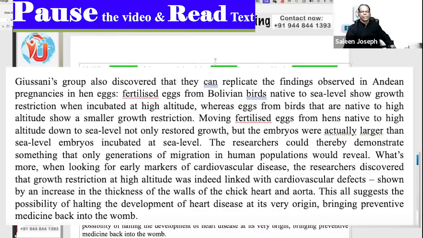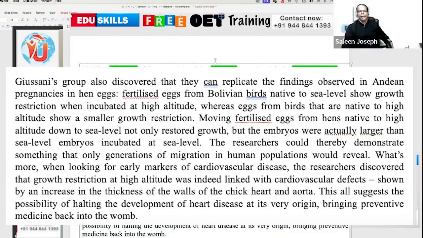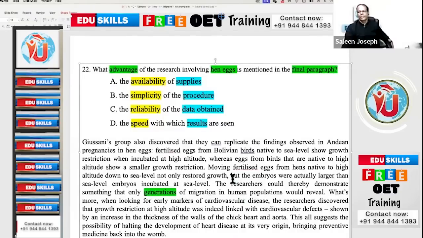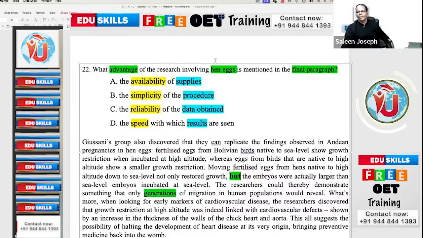Speed. So, any idea? Is there a contrast word? But. So the answer must be after the contrast word.